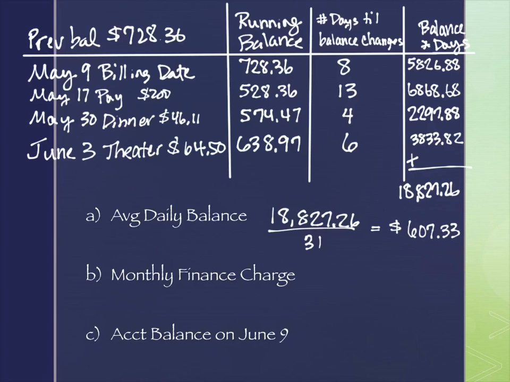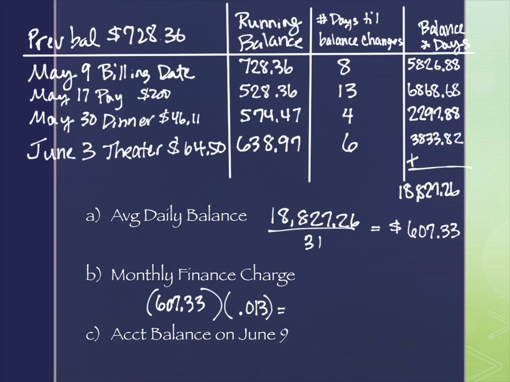So we take the average daily balance that we just found, 607.33, and we're going to multiply it by the monthly finance charge as a decimal. So what is 1.3% in its decimal form? 0.013. Okay, so let's find 607.33 times 0.013.